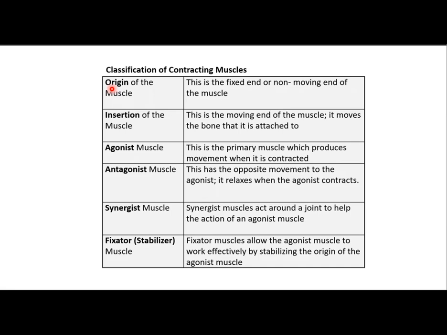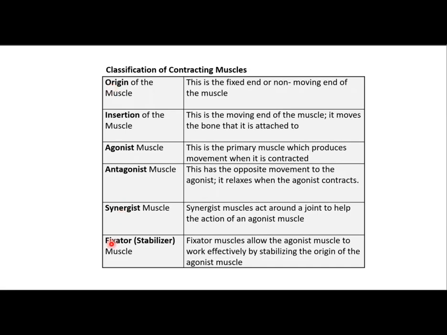Otherwise, the bar would most likely just hit your chest. So the opposite side would be your latissimus dorsi, which is your back muscle, and your posterior deltoid, okay? So this is an example of what I just gave you.